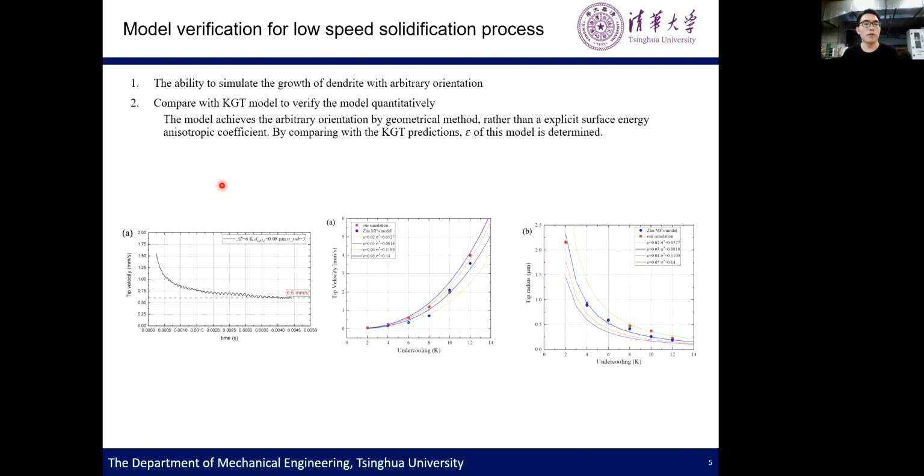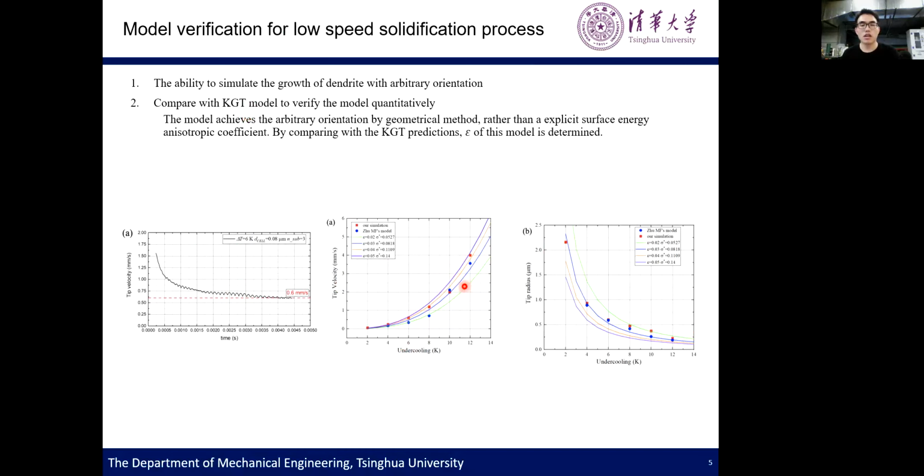We verify our model's ability by comparing with the KGT model. We measured the tip radius and the tip velocity when the growth of the dendrites reaches a steady state, and the red dots show our simulation results of the tip velocity and tip radius at different undercooling, and the solid line is the prediction of the KGT model.